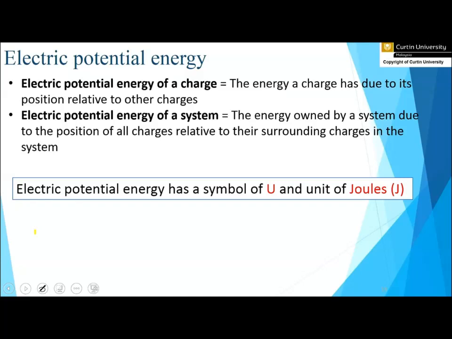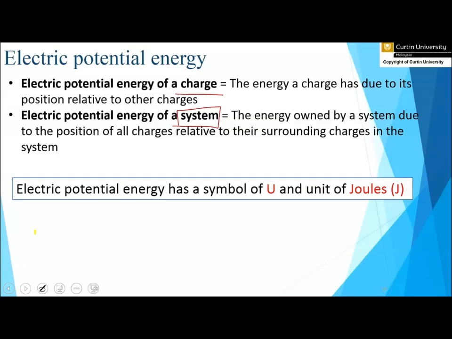So there are two types of electric potential energy. One is the potential energy of a charge, and the other one is the potential energy of the system. If it is referring to a charge, then it's only referring to the interaction between that particular charge and the surrounding charges.